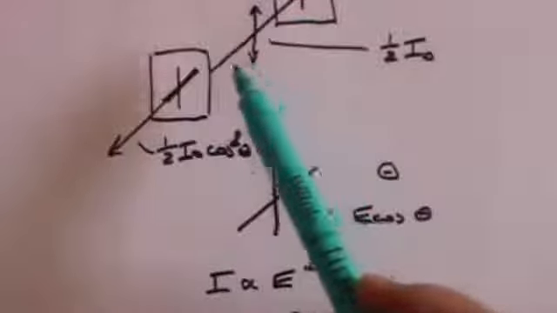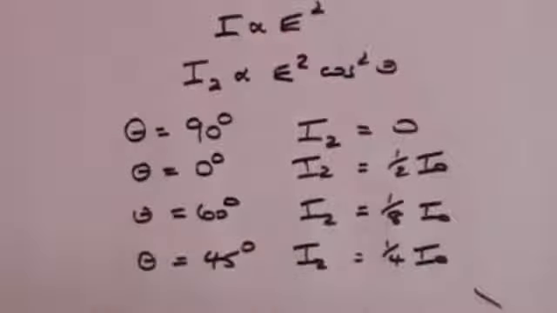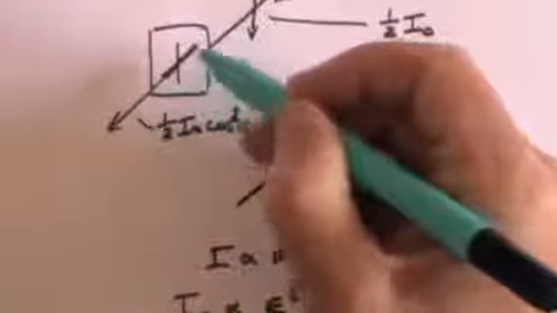Cosine squared is a half. That means the intensity of the light will be half of half I0, which is a quarter of I0. So in other words, the intensity of the radiation varies as the cosine squared of the angle between the polarization of the light and the angle of the polarizer.